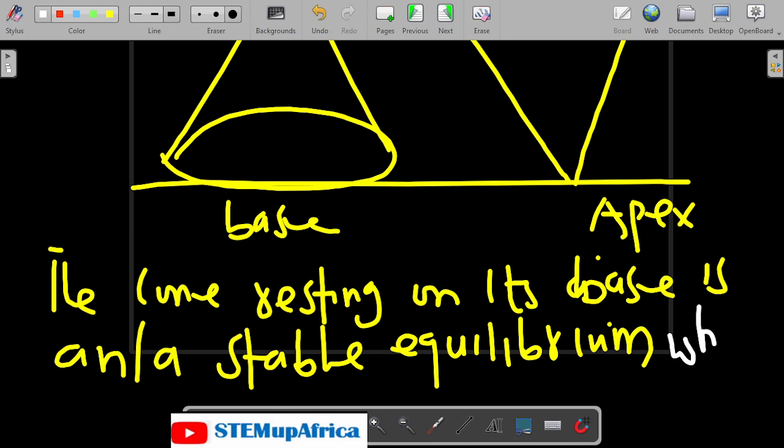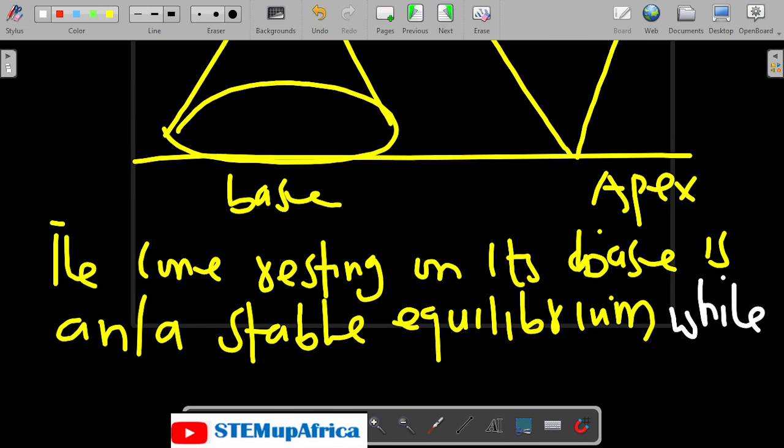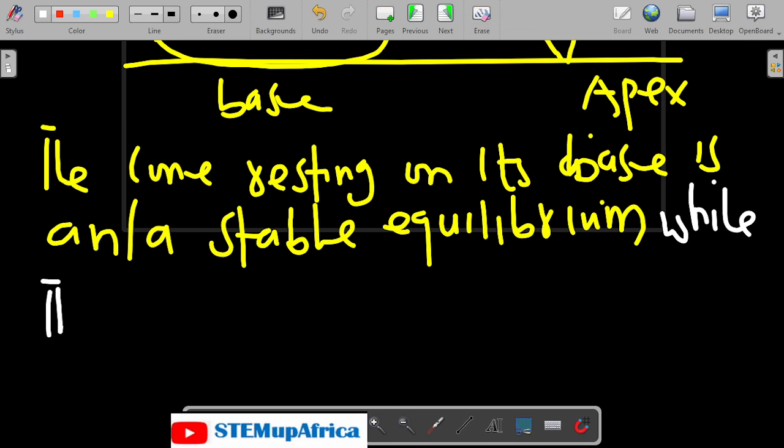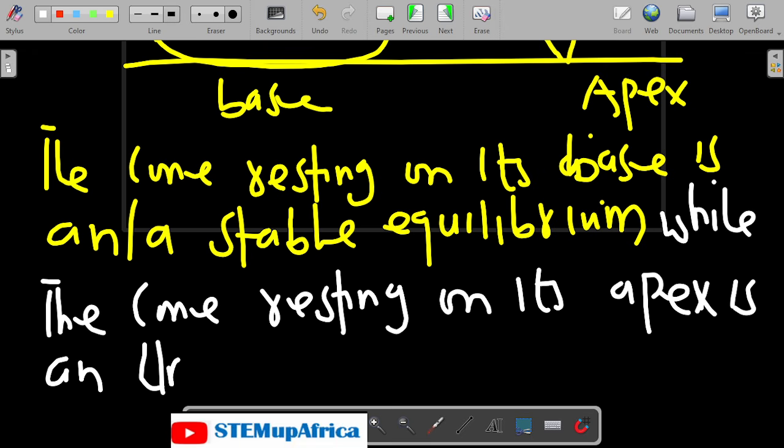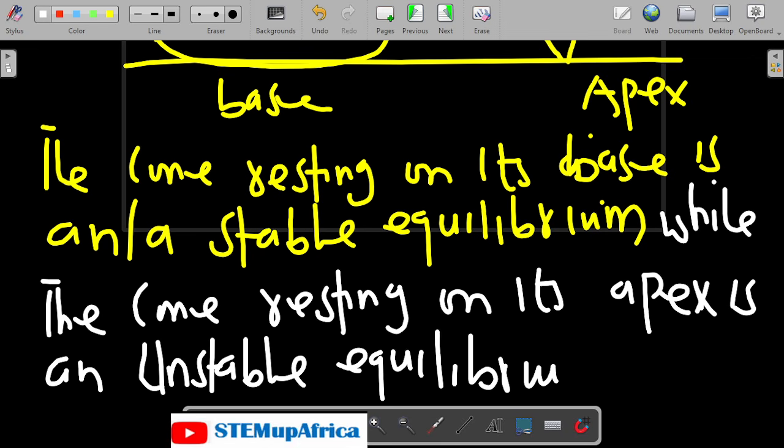Why? The cone resting on its apex is an unstable equilibrium, or an example of an unstable equilibrium. So that is the difference between the cone resting on its base and the cone resting on its apex.